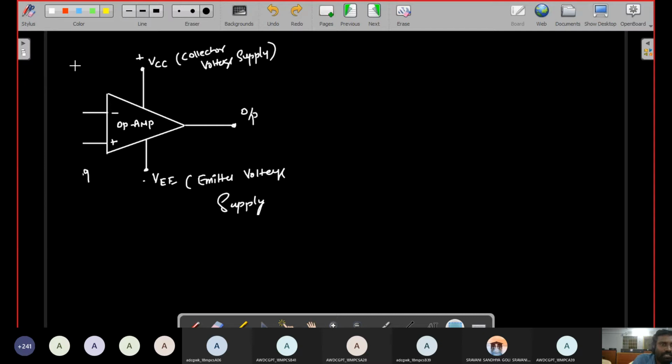Right. Now I'll study the non-inverting amplifier. So what is a non-inverting amplifier? Same logic symbol. Once again, I draw the logic symbol.